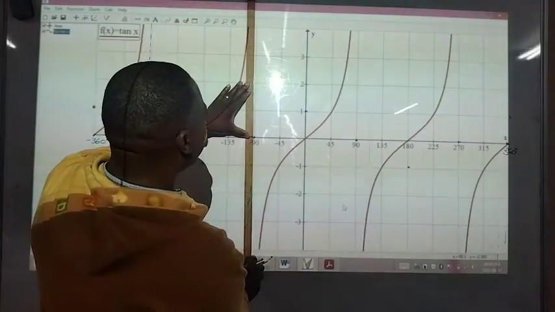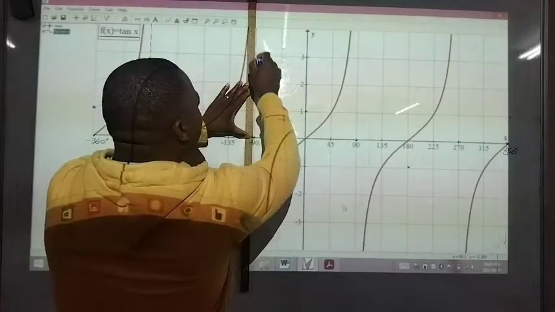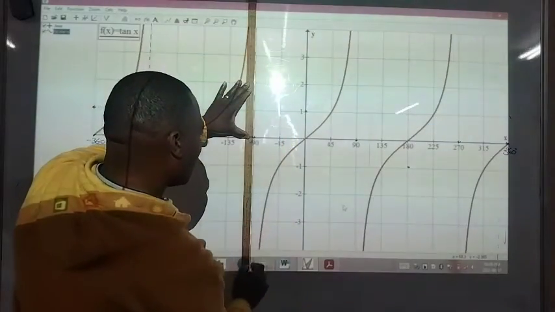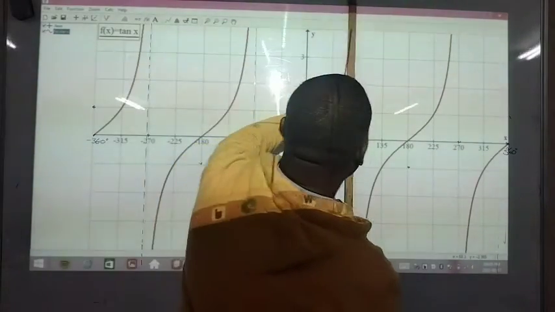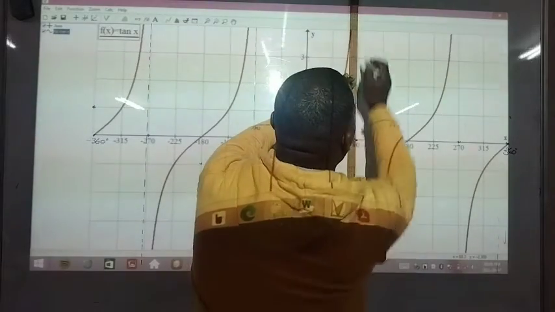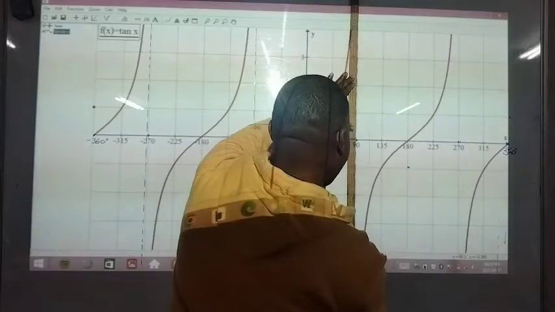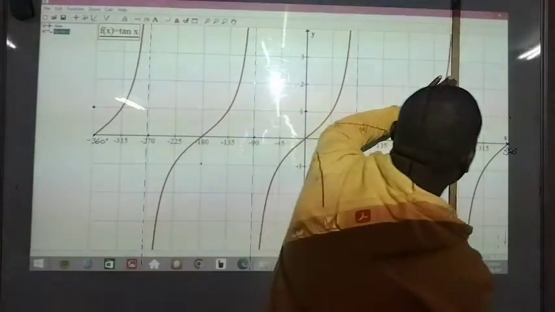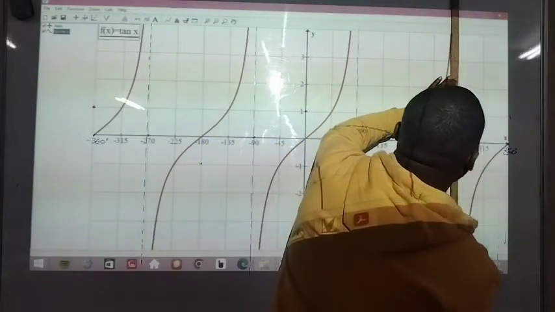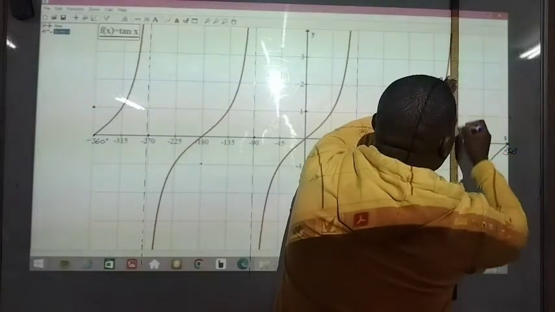Also, at negative 90, there is an asymptote. At 90 degrees, there is another asymptote. And then at 270 degrees, there is also an asymptote.